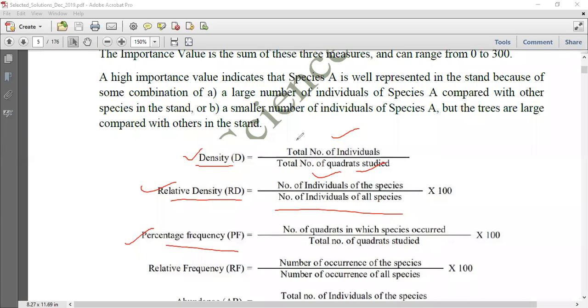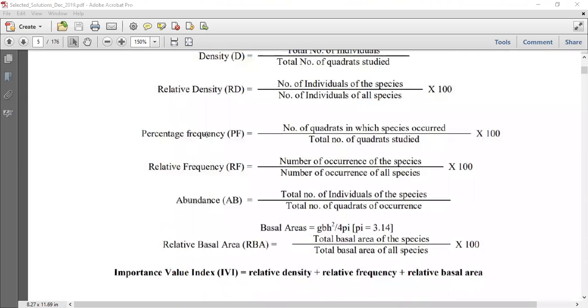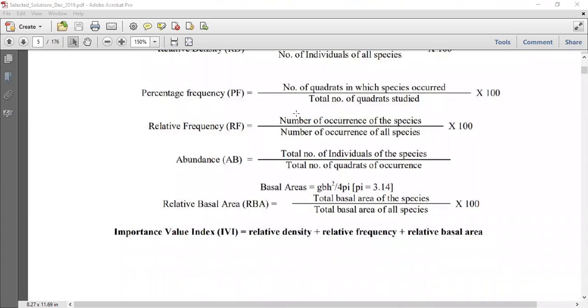The percentage frequency can also be calculated with the help of the number of quadrats in which the species occurred, to that of the total number of quadrats studied. Then we have relative frequency, which is the number of occurrences of a species to that of the number of occurrences of all the species. So these are a few terms which could be helpful in calculating the importance value index.